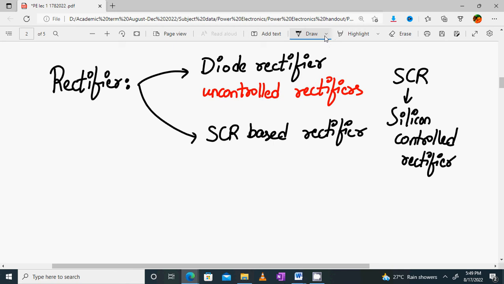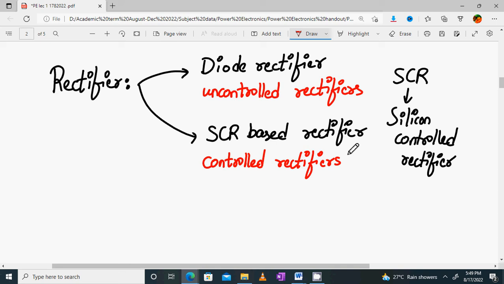What differentiates it from diode rectifiers, apart from the large power, voltage and current ratings, is that they are called controlled rectifiers. That means it depends upon the designer when the SCR will turn on. It's difficult to control the turn off time, but the turning on of an SCR can be controlled with relative ease. So SCR based rectifiers are controlled rectifiers.